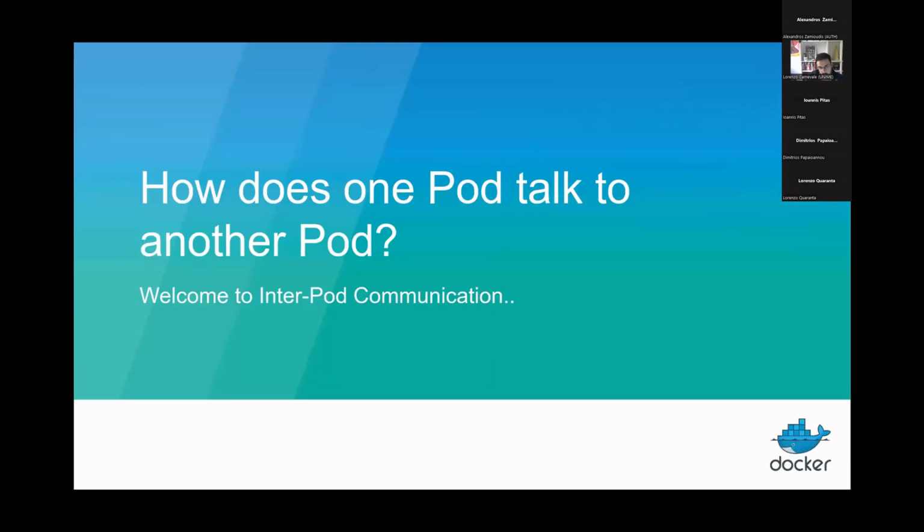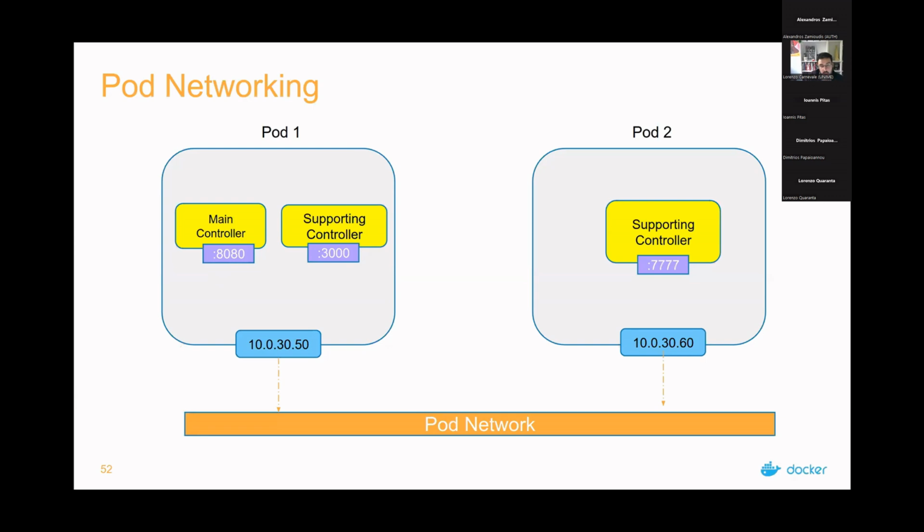But at the end of the day, how can one pod talk with another pod? So the idea is to have this inter-pod communication. Well, typically this is done by implementing the pod network. So as we did with Docker, where in Docker we created our network, okay, and this network was then used to put inside the front end, the back end, and the database.